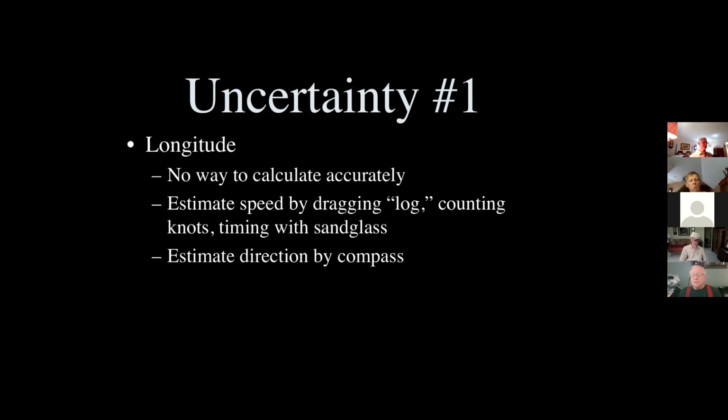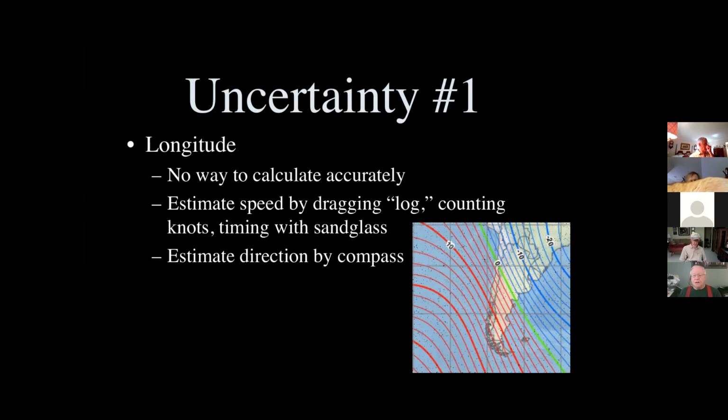You also had to estimate direction by using your compass. And this had its own set of problems because this chart shows you compass deviation from true north. In other words, a compass does not show you true north in very many places on the earth. There's usually some deviation.